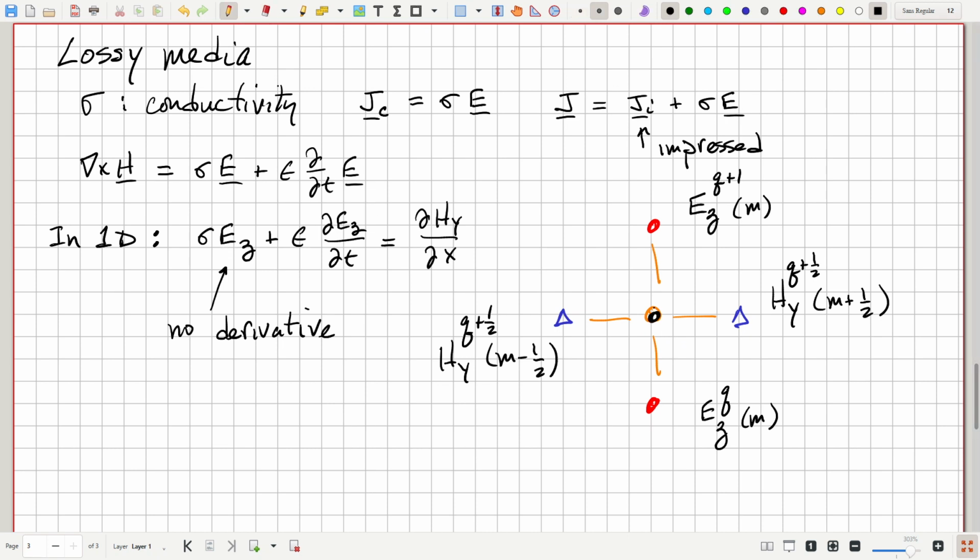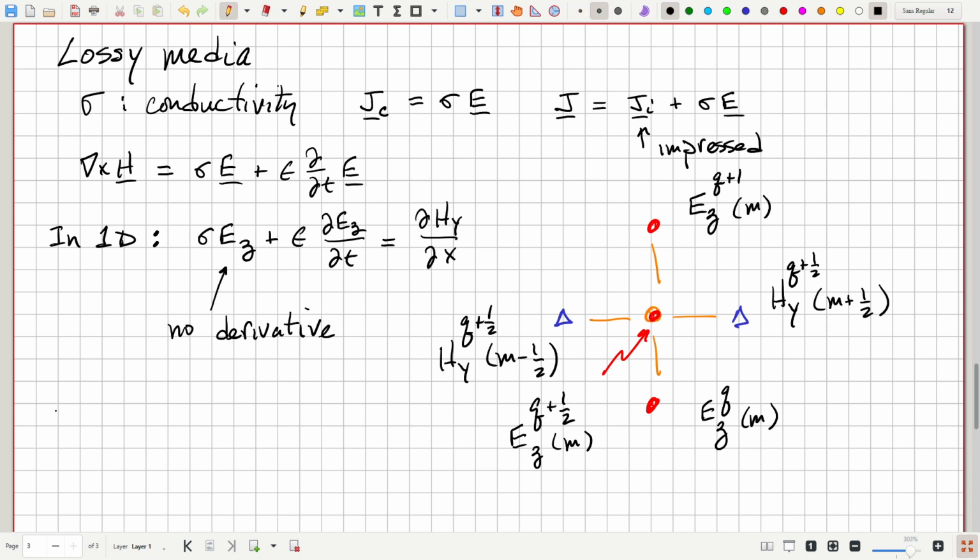So we need, let's do it in red here, Ez at spatial position m, but at time q plus a half. Now, how are we going to get that? We know Ez at m at time q, and we're trying to figure out at time q plus 1, but to do that, it appears we need to know it at time q plus a half.